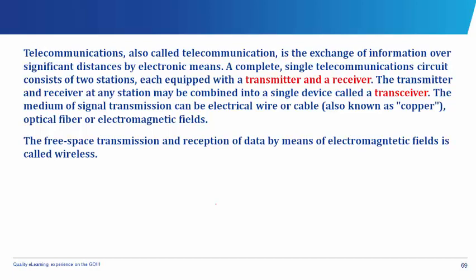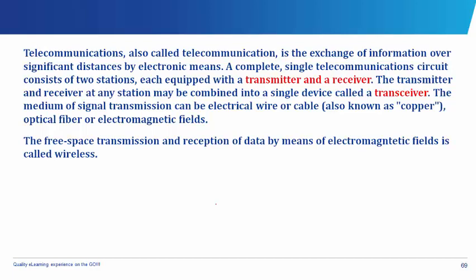Remember, unlike the broadcast, where there is one transmitter and many receivers, right now we are having one transmitter, one receiver, yet it is now both ways. That is, a transmitter is also a receiver and a receiver is also a transmitter. That is why the transmitter and receiver is now combined into a single device called a transceiver. Trans from transmitter, ceiver from receiver.